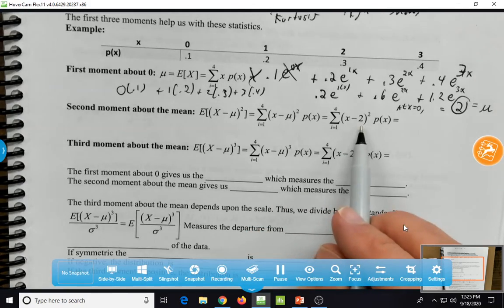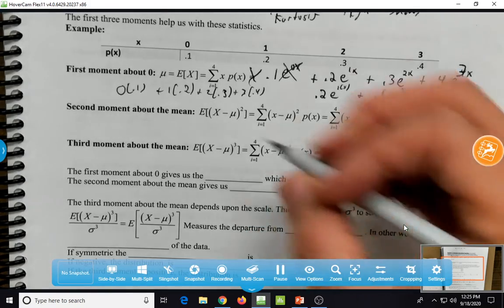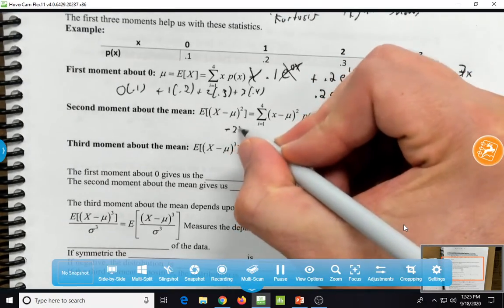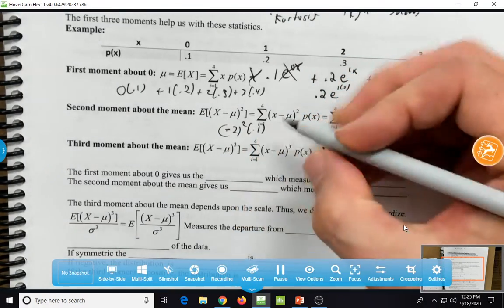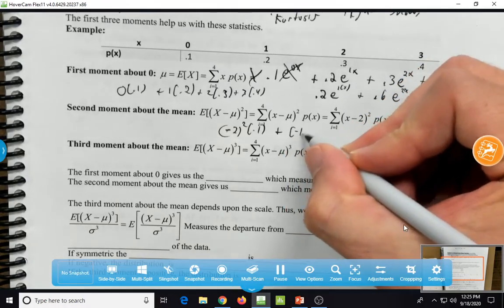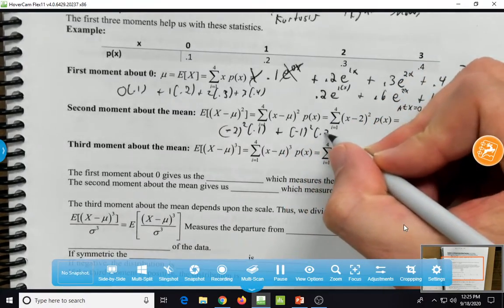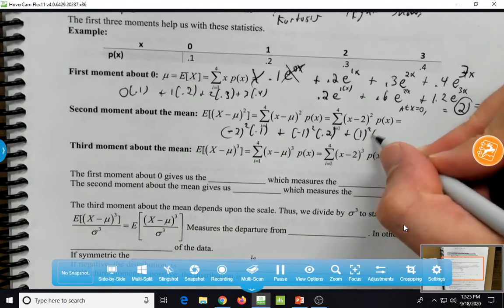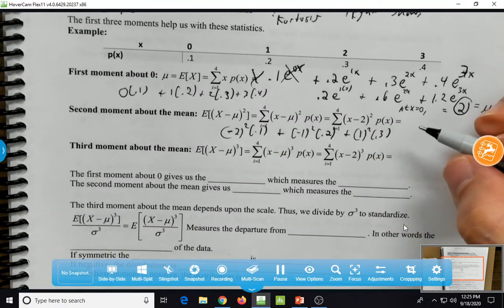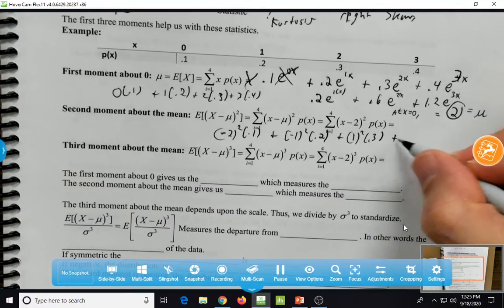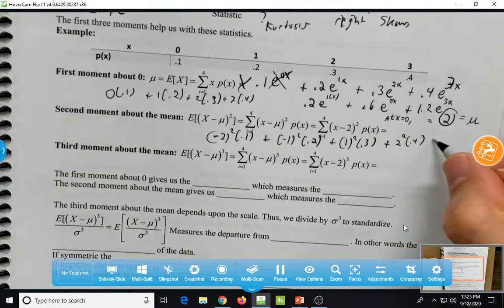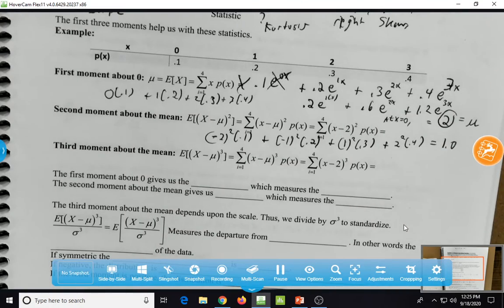Since 2 is the mean, this is going to be negative 2 squared times 0.1 plus negative 1 squared times 0.2 plus 1 squared times 0.3 plus 2 squared times 0.4. And I think if I do that, I get 1.0.